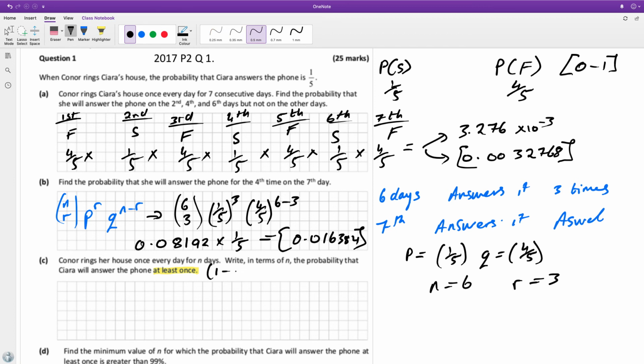It's not in the law book. 1 minus the probability of none. Right. I won't explain more. Have a go and see can you get that little phrase right there. See if you can put that into figures for me.